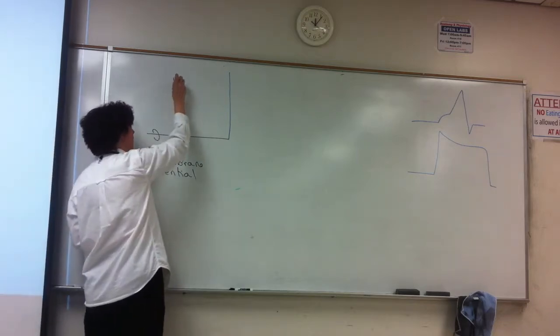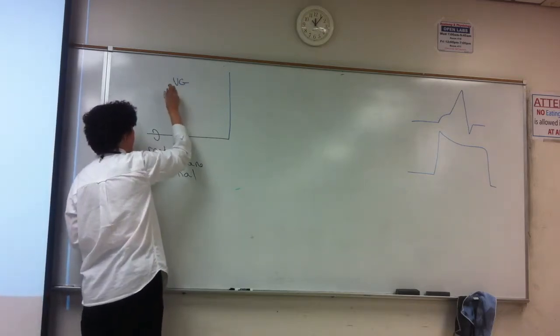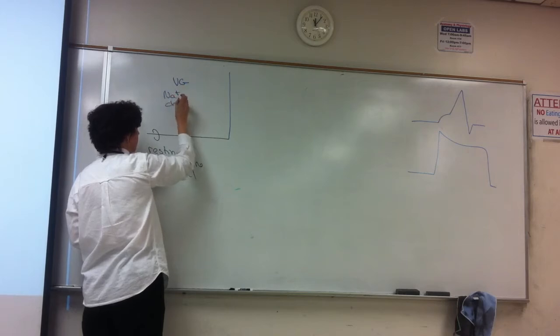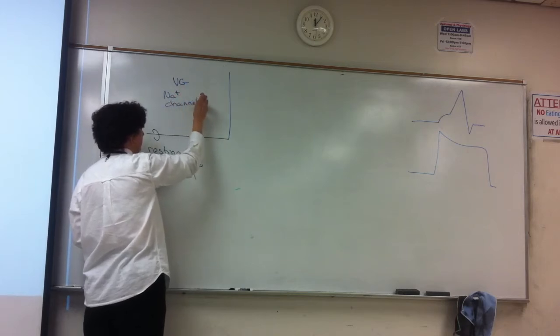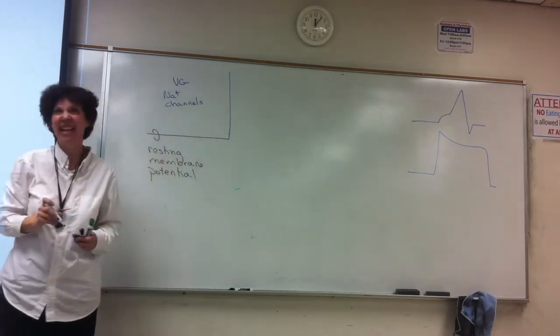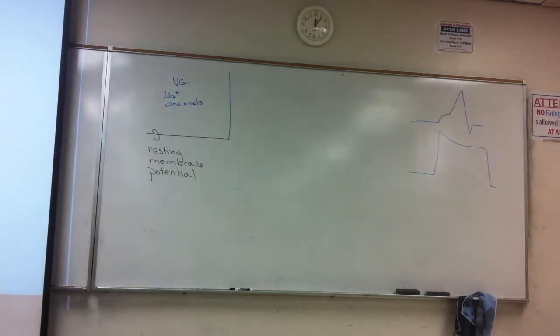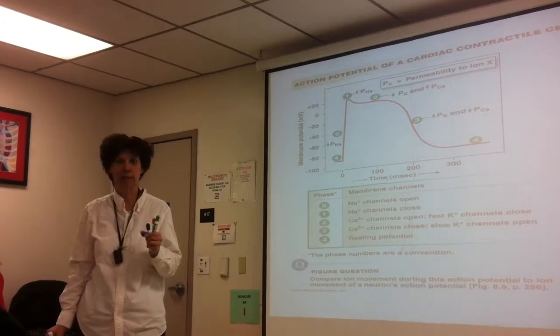These are due to voltage-gated sodium channels. Exactly the same reason we have for skeletal muscle. Our autorhythmic cells are the ones that were different because those were voltage-gated calcium channels. Okay?